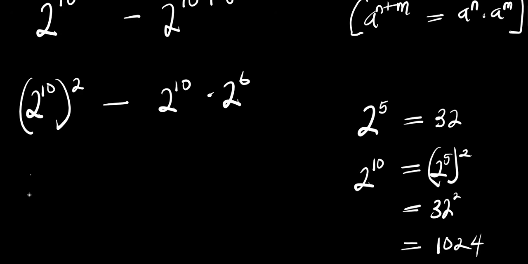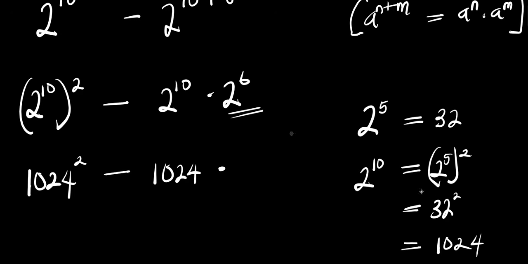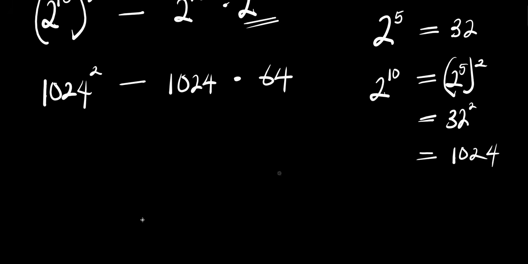So 2 power 10 here is 1024 raised to the power of 2 minus 1024 times 2 power 6 here. If 2 power 5 is 32, 2 power 6 is 32 times 2. That is 64. So what we are having here is 1024 power 2 minus 1024 times 64.